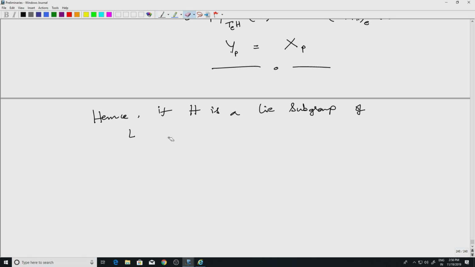If H is a Lie subgroup of G, and V1, V2 belong to the tangent space at identity of H, I'll take two vectors, and X_V1, X_V2, Y_V1, Y_V2 are as above.